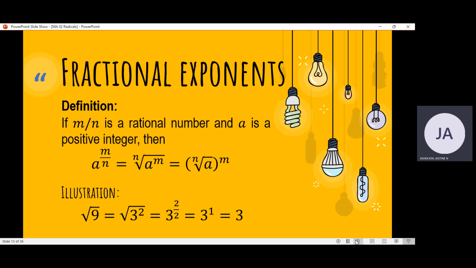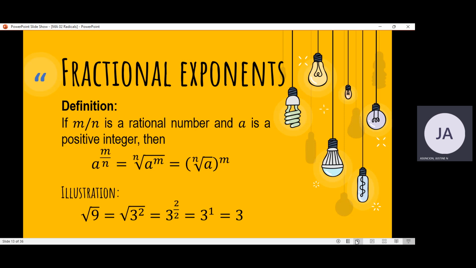As you can see, the radical can be converted into a fractional exponent. The exponent inside the radicand is 2, and our index is 2, which is our exponent denominator. So that's 3 raised to 2 over 2, or simply 3 raised to 1, that's 3.